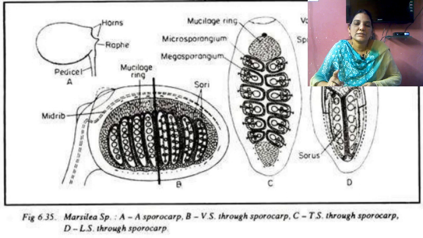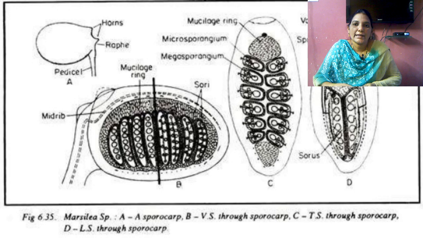Each part is called a sorus. So here 20 sori are present, in between the mucilage rings, the mucilage cavities. Each sorus is covered by two very thick layers, called the indusium.